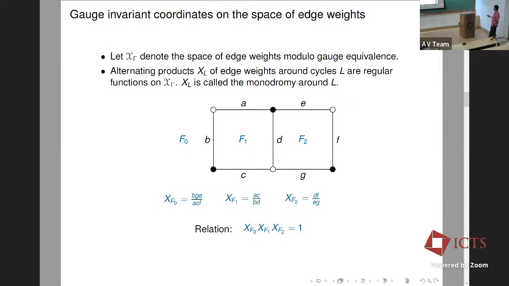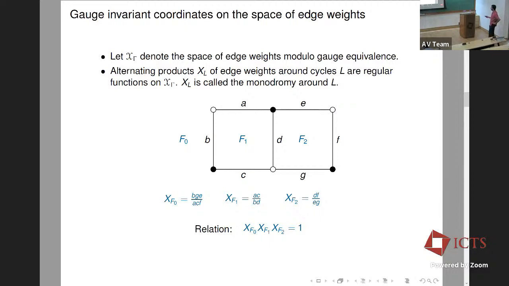So here's the observation. If you take any cycle in the graph, for example, the boundary of this face, and you take the alternating product of edge weights around that cycle. Say we are going counterclockwise around this face, and we take the alternating product such that if you are going from black to white, then you put the weight in the numerator.